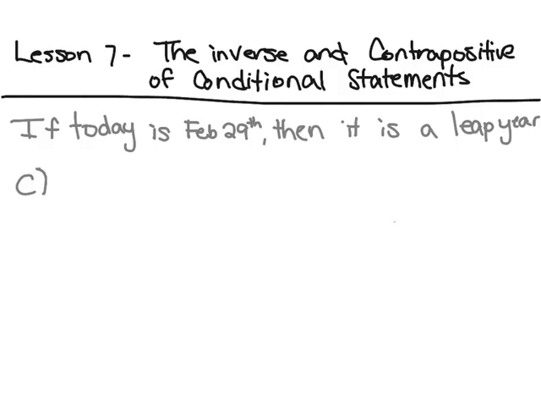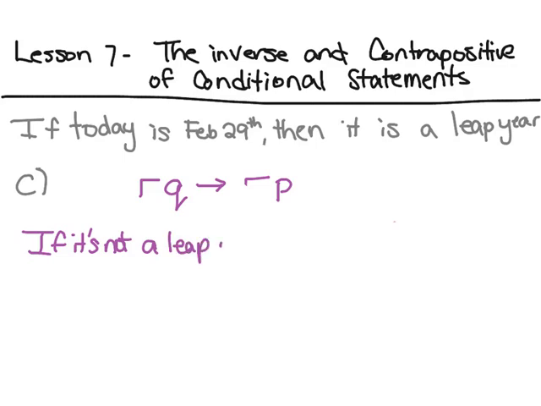And last we want to do the contrapositive. So what that is, not Q, then not P. I just made a square root sign. So if it's not a leap year, we don't have to say today, then it's not February 29th.